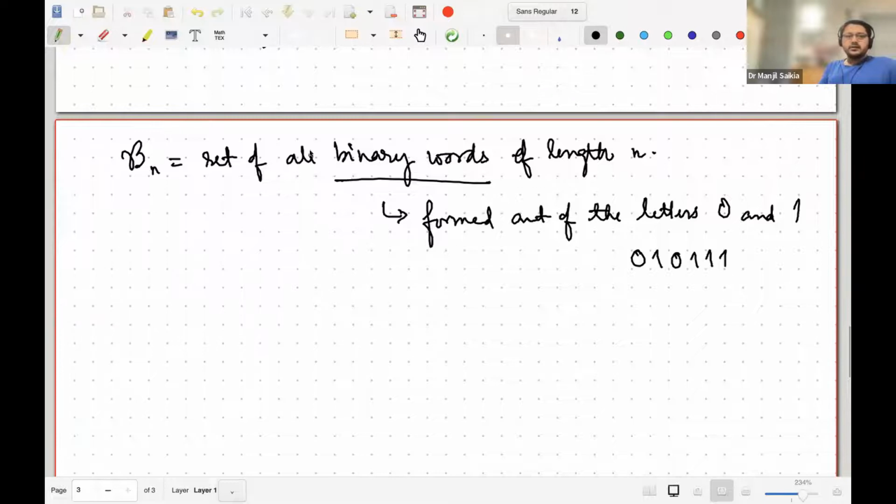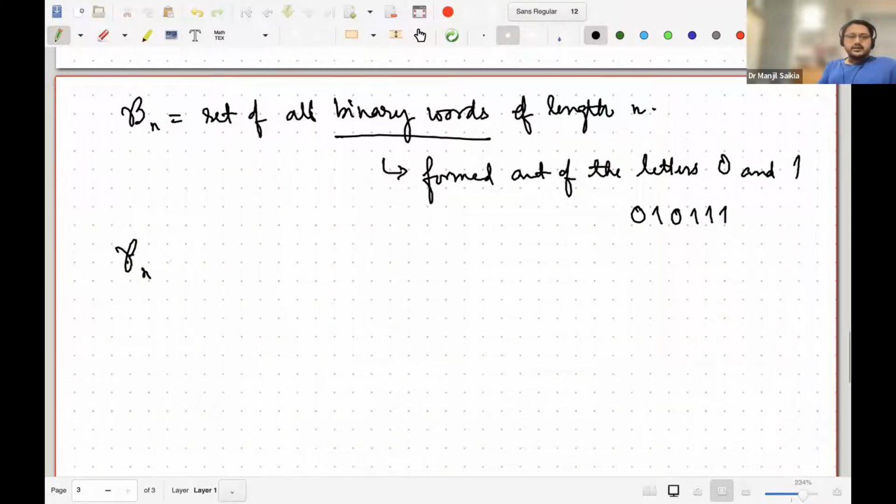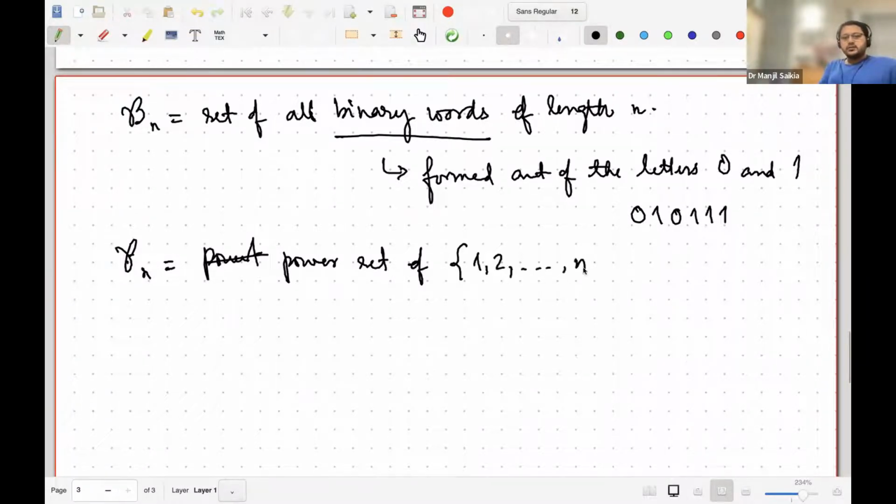Okay, so I want all binary words of length n, and I have said that this is equal to B of n. And now I'm going to define another set, which is P of n, and this is the power set of, say, 1, 2, up to n.